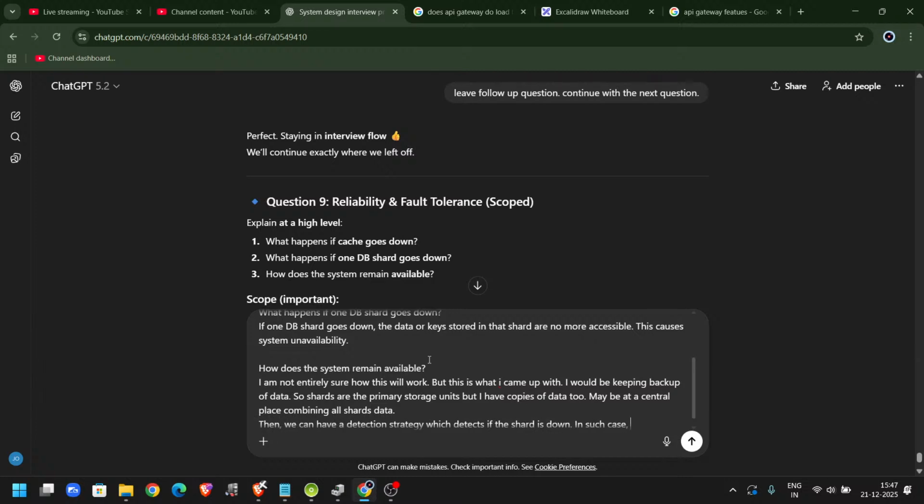Then we can have a detection strategy which detects if a shard is down.